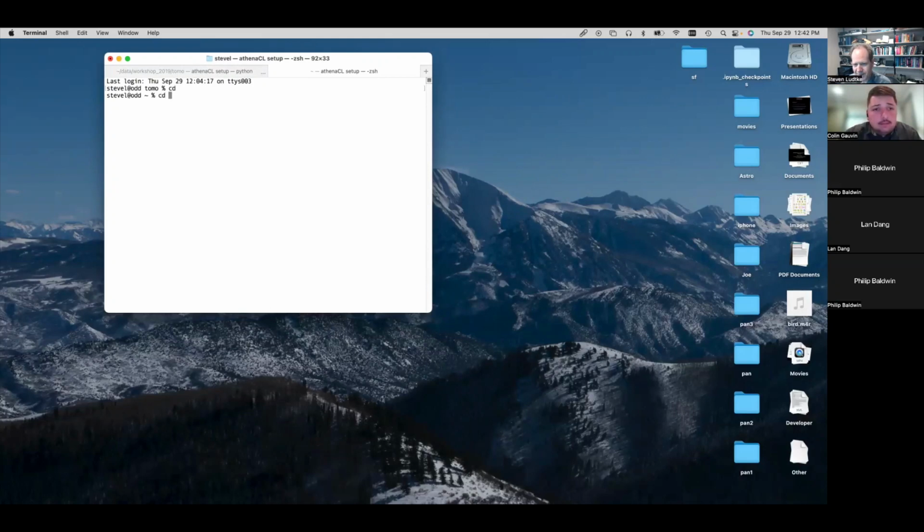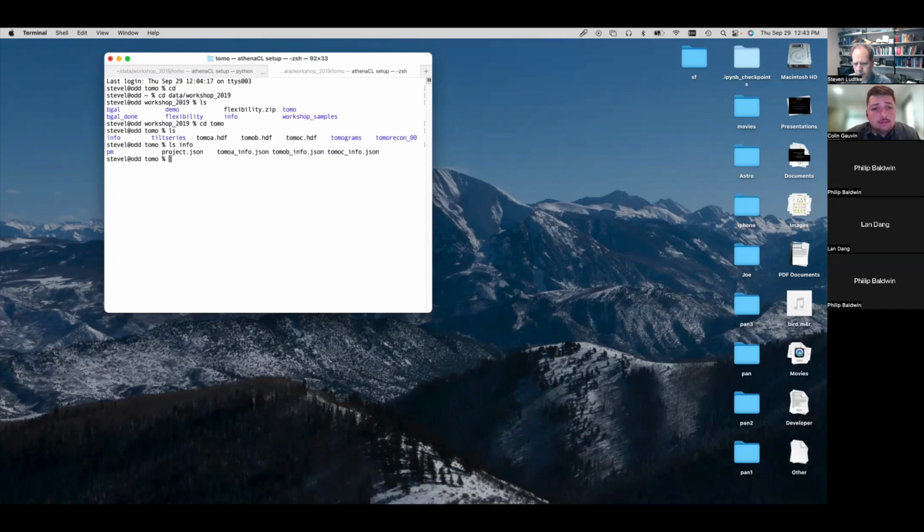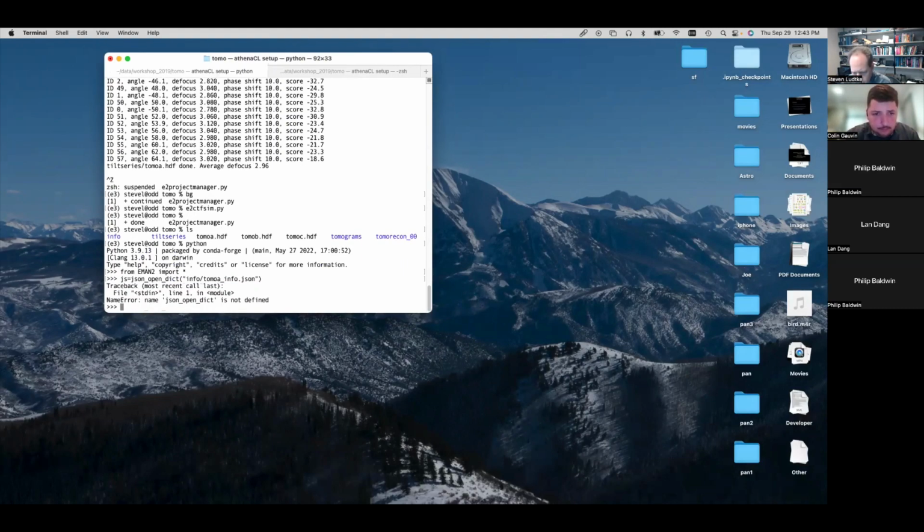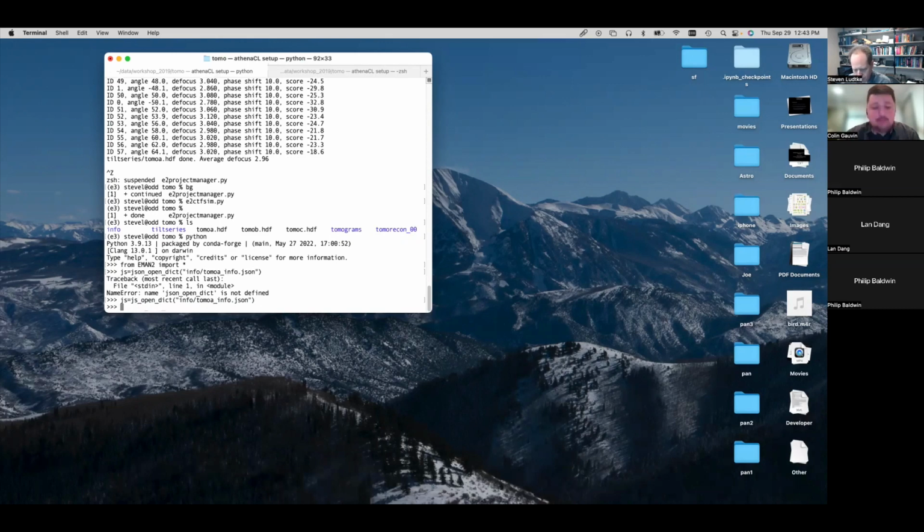So, data, Shop, Tomo, Tomo A underscore info.json, right? Oh, not JSON open dict, it's just JS open dict, sorry.